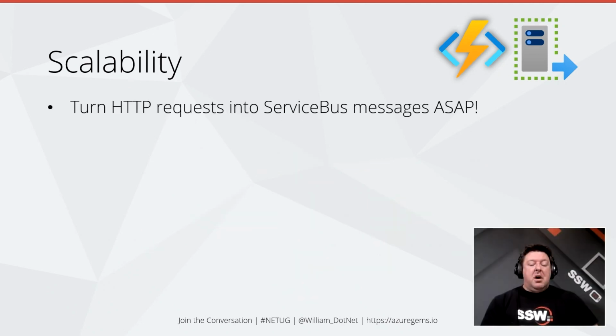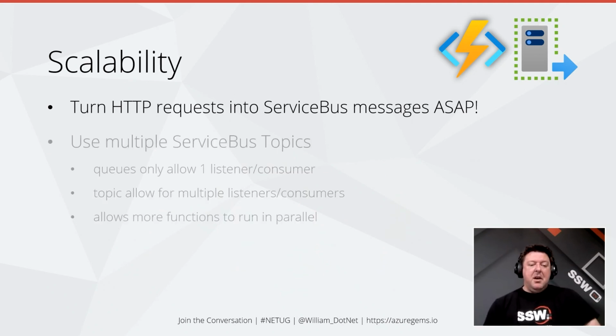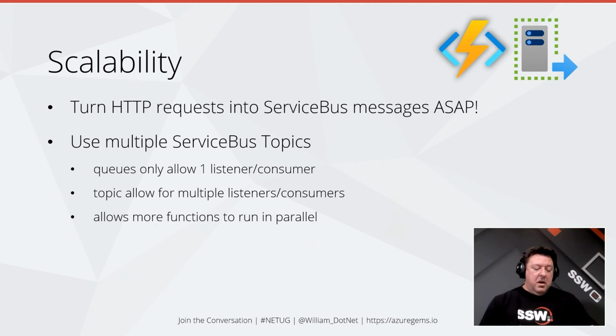Right. So, like I said earlier, turn your requests into messages as soon as you can, and when you're using Service Bus, try to use the topics. Because if you're using a queue, it only allows for a single listener or a single consumer out of that queue, which for some applications is totally fine, not a problem.